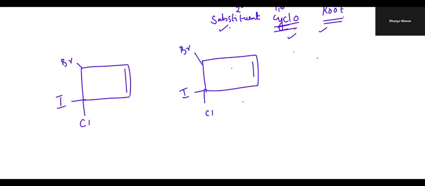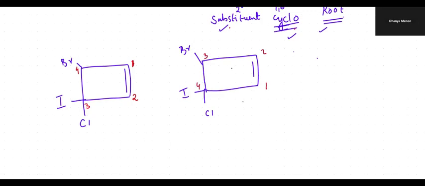Now if I number it, definitely the double bond is going to get the first position, 1. I cannot go over here, because if I'm giving one end of the double bond 1, the other end will get number 2. Then 3, 4. And there is another way of numbering: 1, 2, 3, 4.